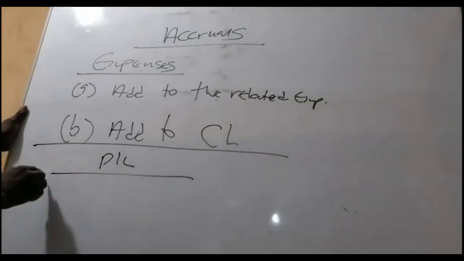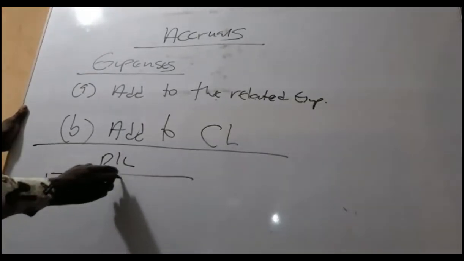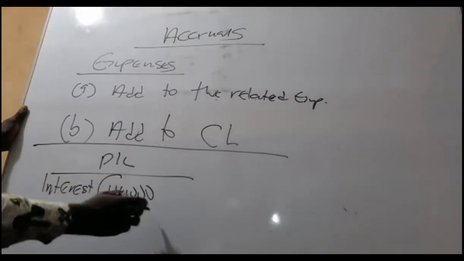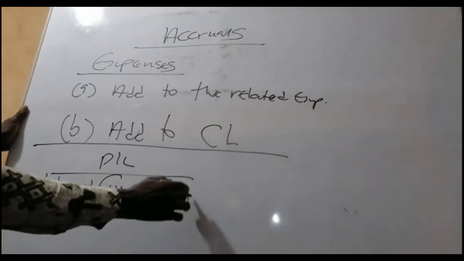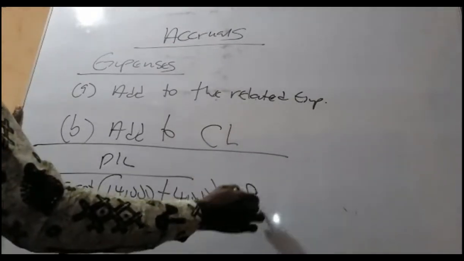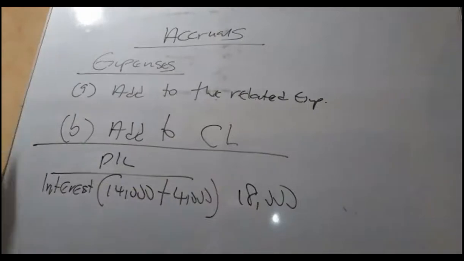You realize that you use interest expense here in our P&L: whatever you paid, they paid 14,000, plus what they owe. What they are owing was 4,000. So that gives us 18,000. So that's why we had 18,000 as the finance cost.